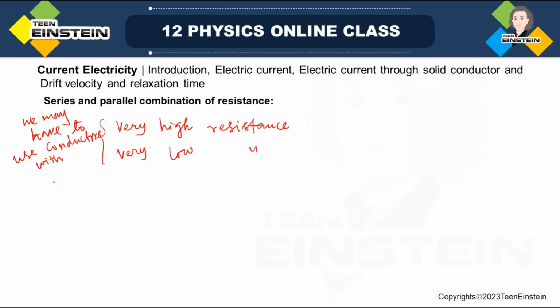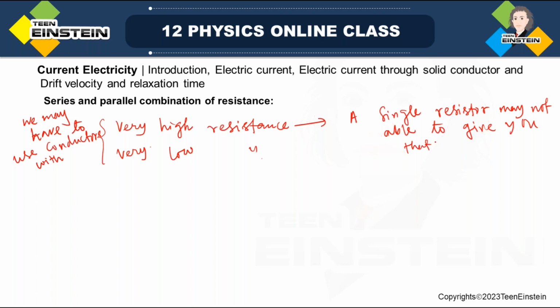When you need a very high resistance, a single resistor may not be able to serve this purpose, or may not be able to give you that high or low resistance.